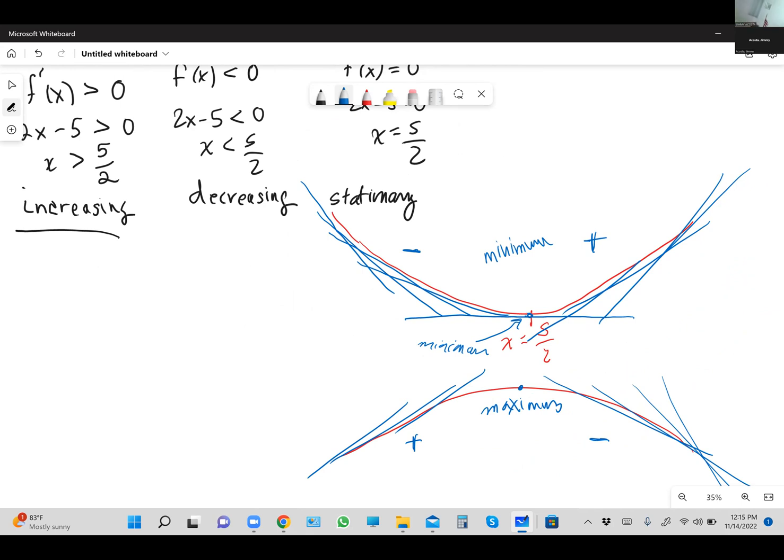And so that's the whole point of this lesson. Can you figure out when a function is increasing or decreasing? Can you figure out where the stationary point is? And can you figure out if that stationary point is a maximum or a minimum?